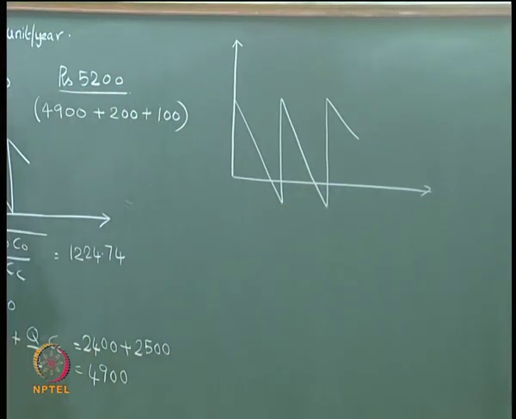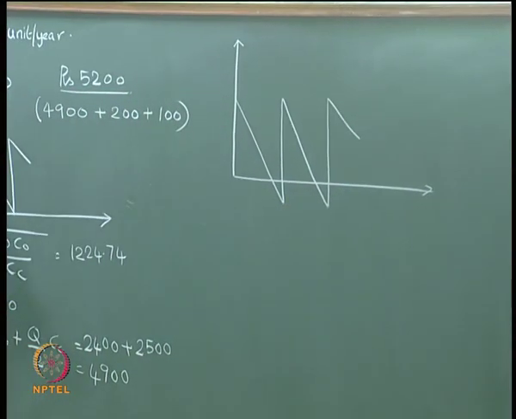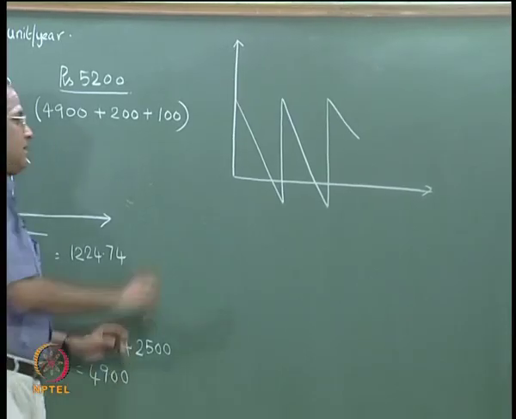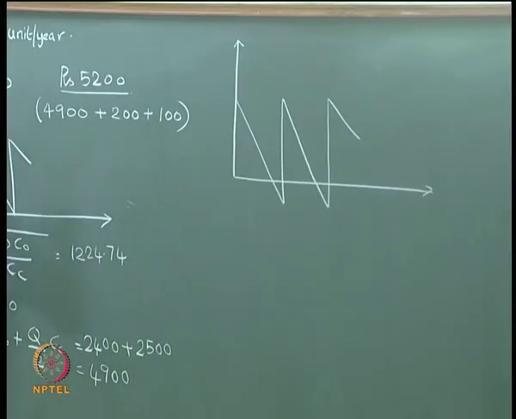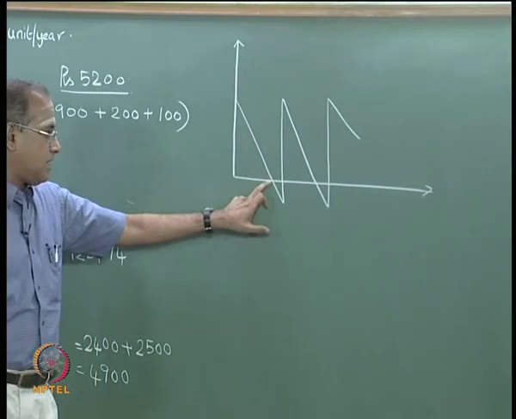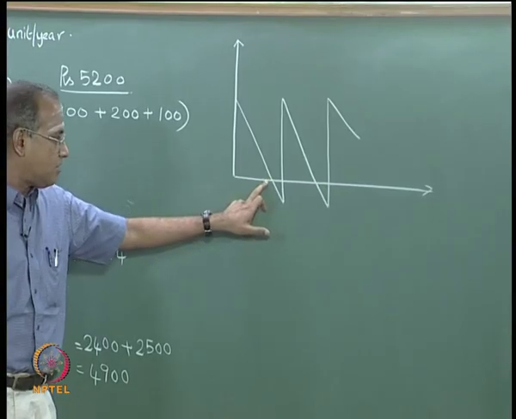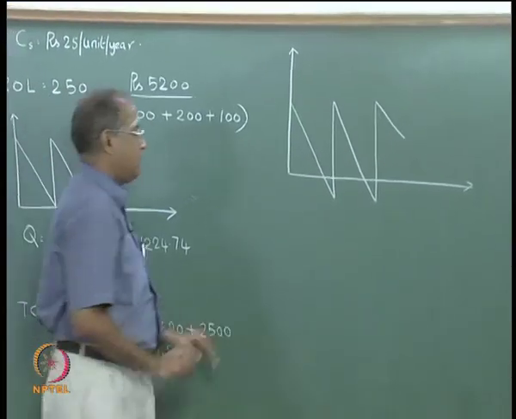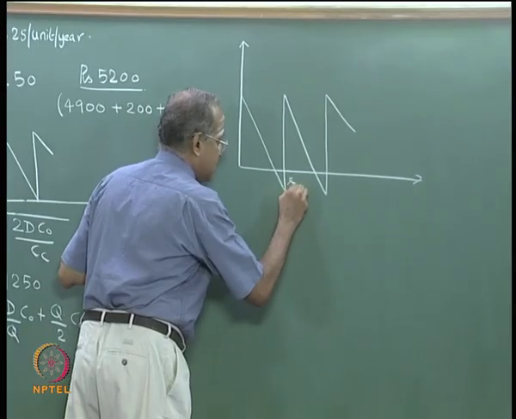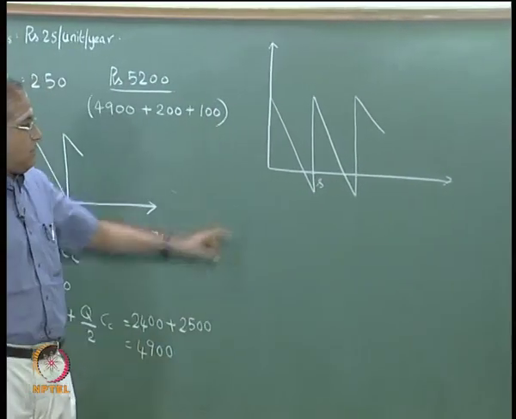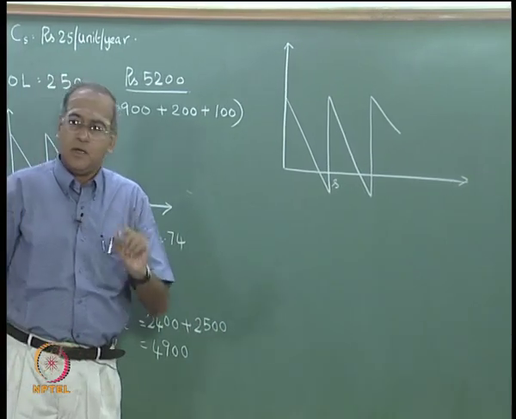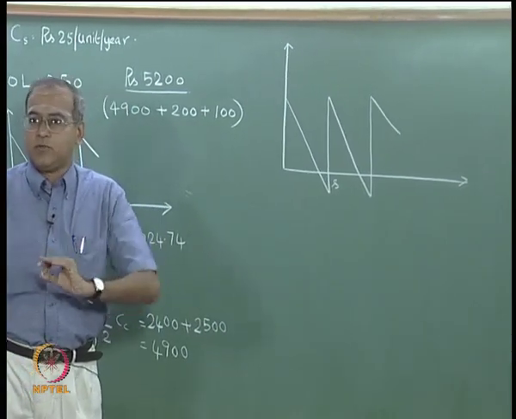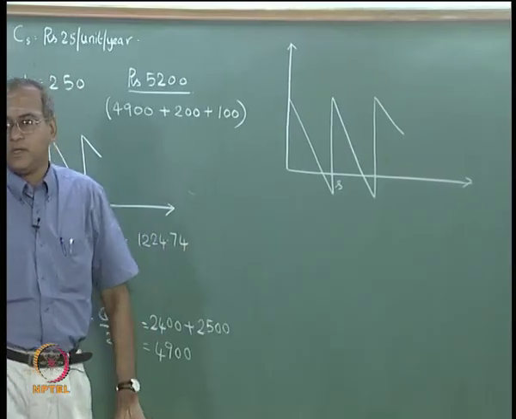In this case, we would order a quantity Q, and the demand is continuous, so the inventory comes down to 0. Assuming instantaneous replenishment, we do not place an order here; we allow a certain amount of back order to build, and we call that back order quantity S. Once we reach a back order quantity of S, we place an order, and because of instantaneous replenishment we would get that Q instantly.